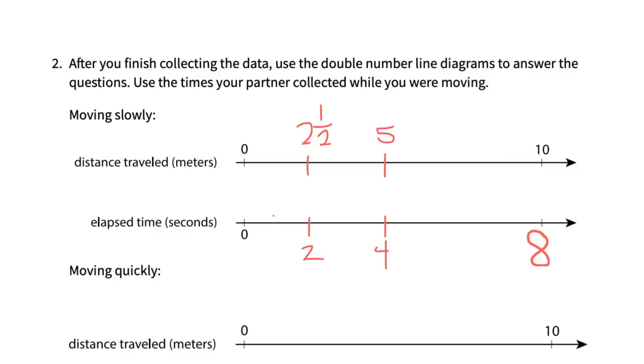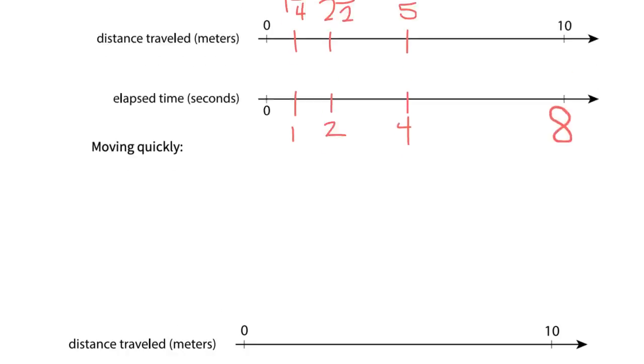And then I'm going to cut my time again in half, and that gives me 1 second. And when I cut my distance in half, I'm going to get 1 1/4. All right, so that was pretty easy. I conveniently chose simple numbers.